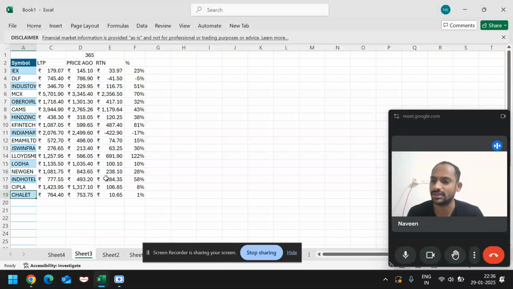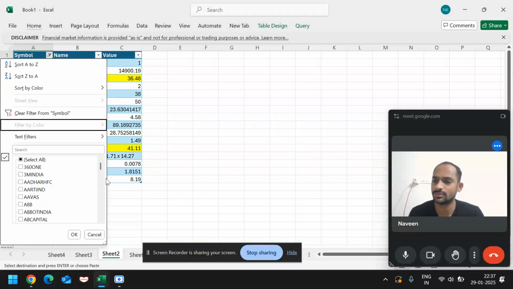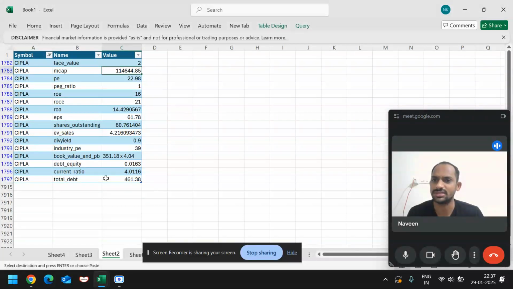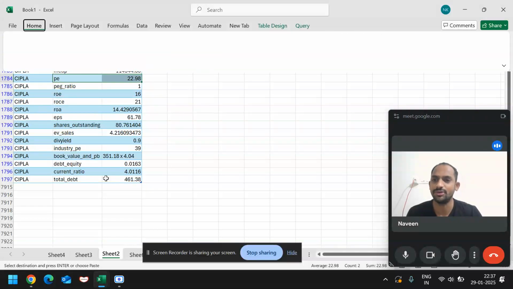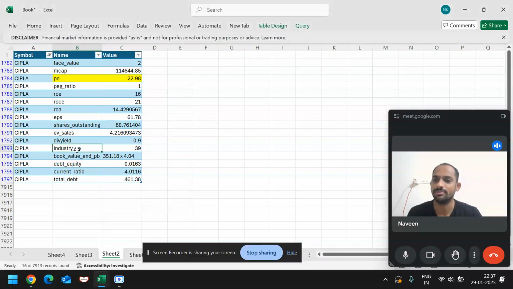We'll select any company randomly, say Cipla. Cipla has largely 1 lakh 14,000 crores of market cap, which I think is a large cap. The PE is 22.98, while the industry PE is 39. There are two ways to interpret this PE.